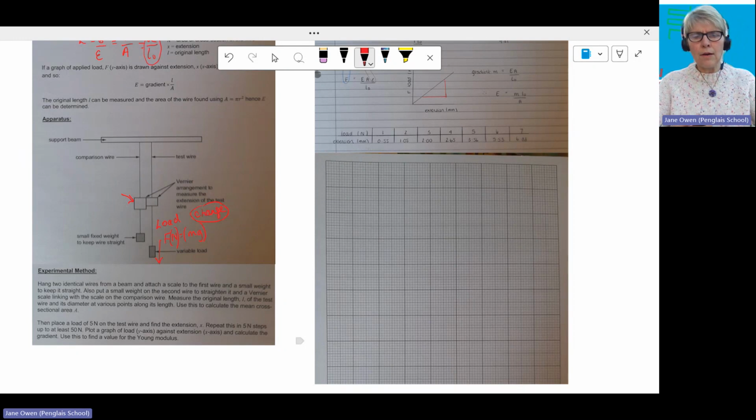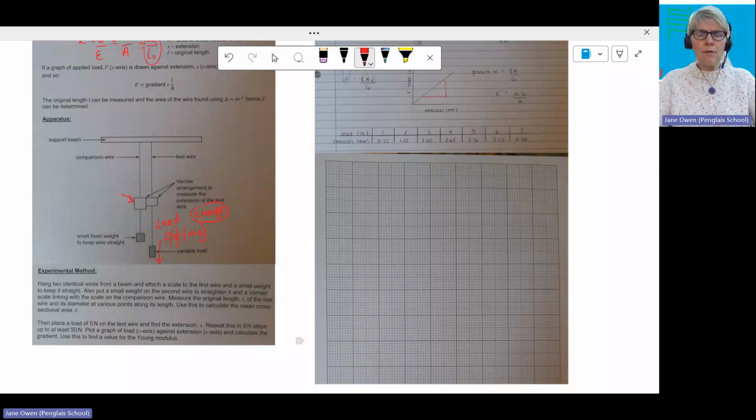Now, usually how the vernier arrangement works is you take a reading at one level, making sure the spirit level is level at that initial reading, add a 1 newton load, and then take the new reading of the vernier scale, and then you take away those two readings to work out the extension.